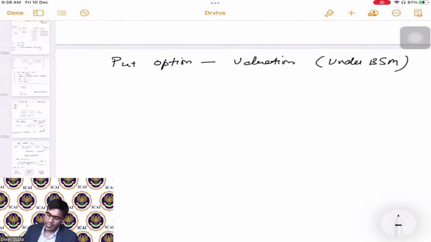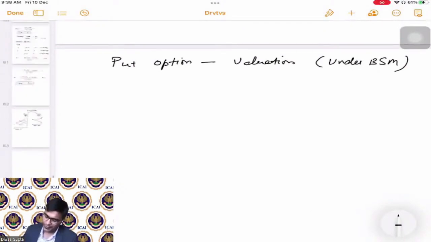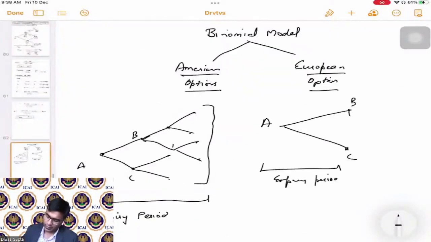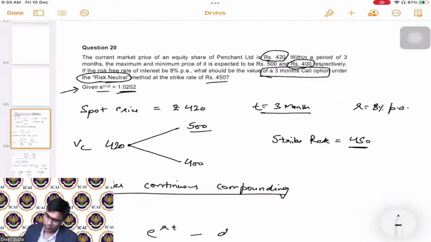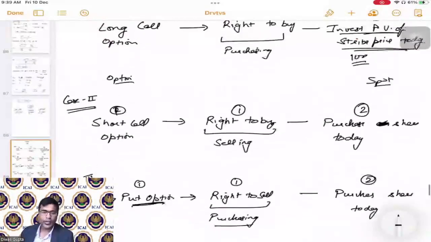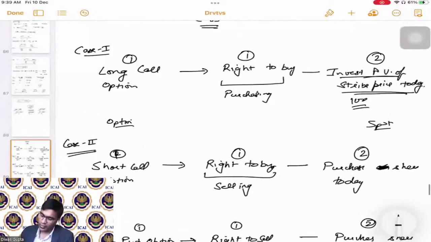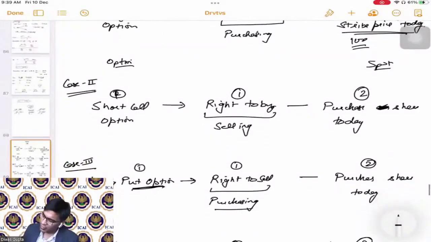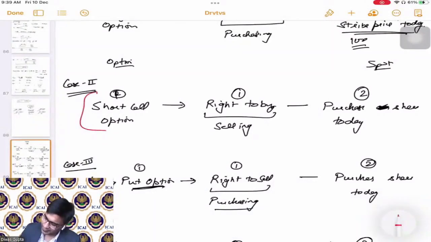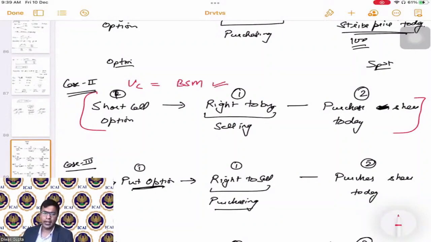Let's go back to our 4 cases that we have studied. These were the 4 cases. We have already covered the Black-Scholes value of call from this case, correct?